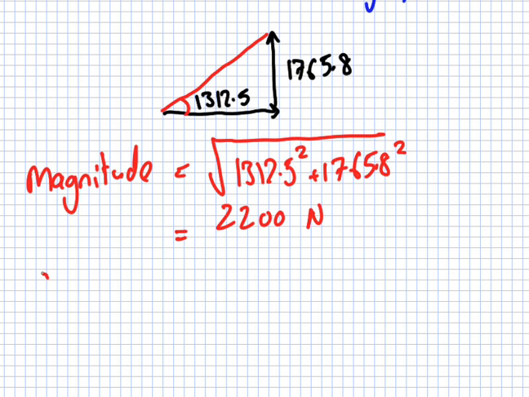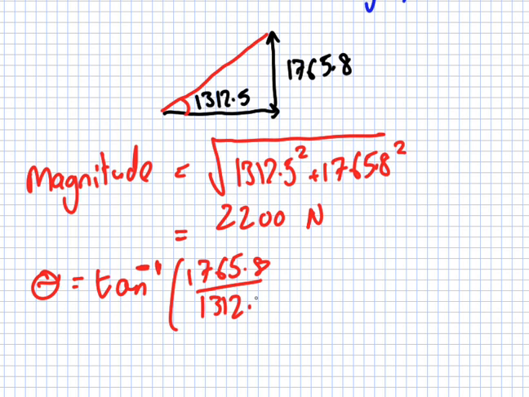And then the angle, who remembers the angle formula? Tan inverse of 1765.8 over 1312.5. Oops, now I'm in radian mode, which we don't really want. So this comes in at 53.4 degrees.